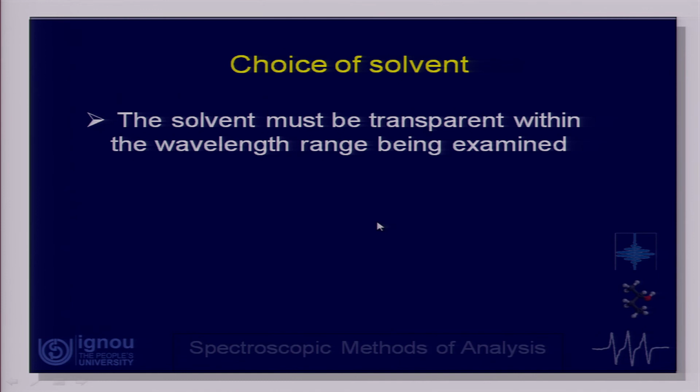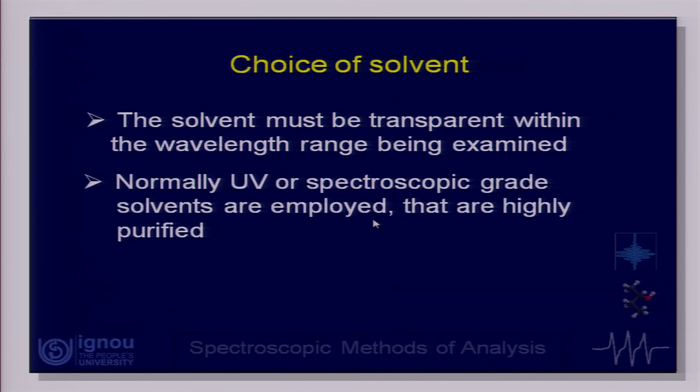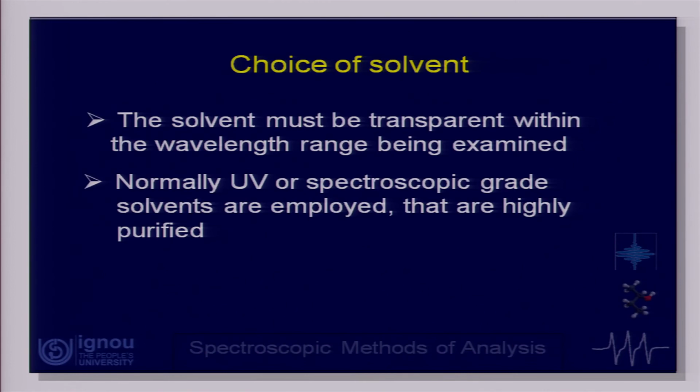Typically for UV measurement, we use solvents which are UV grade, also called spectroscopic grade solvents. These are solvents which are extensively purified, so that they do not absorb this radiation. If you take a solvent and pass radiation through it, even the solvent itself may absorb, and then it will interfere with my determination of the analyte. So, I must ensure that the solvent I am using does not absorb the range of radiation I am going to make measurements on.